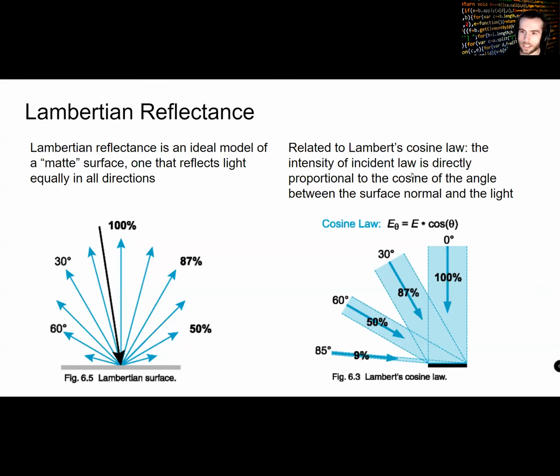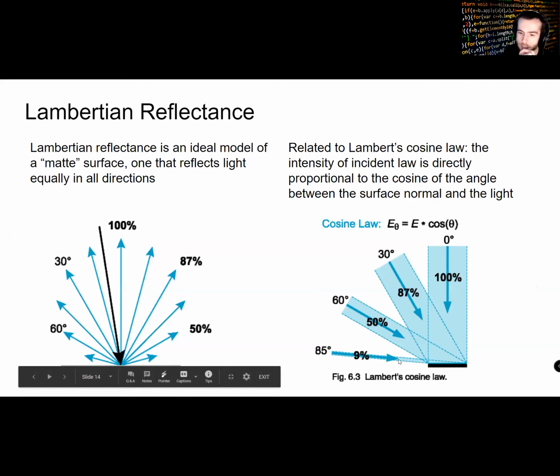So basically, the intensity of incident light is directly proportional to the cosine of the angle between the surface normal and the light. So, if the sun's directly overhead, you get 100% of the light. But as the sun gets lower on the horizon, you have less area that the sunlight's actually hitting, so you get less intensity.